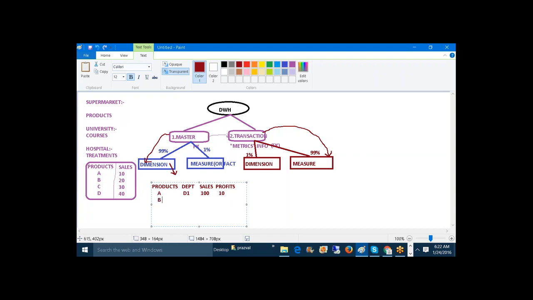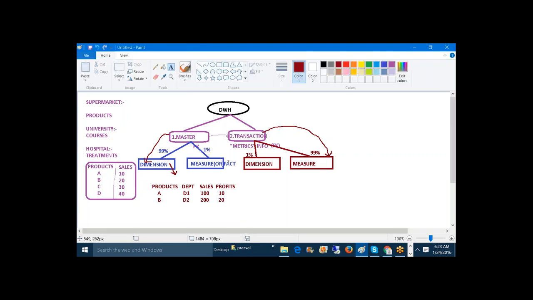Next B, D2, 220. I'm just taking some random data, two records. If you have data like this, how many dimensions, or how many masters, do we have here? Here we have 2 masters. What are they? Product and department, both are masters.